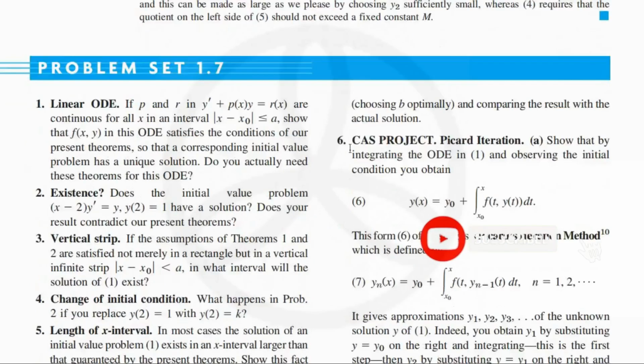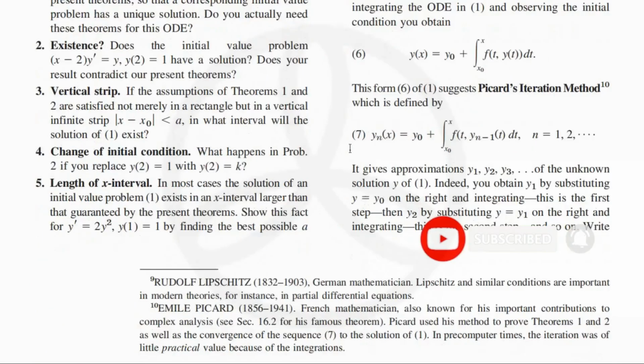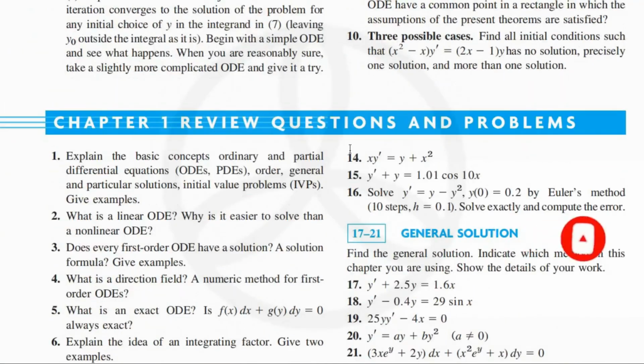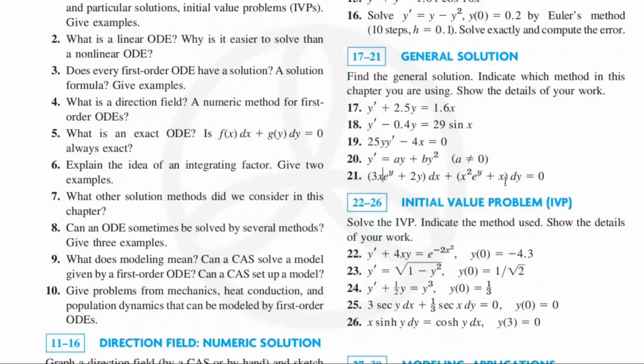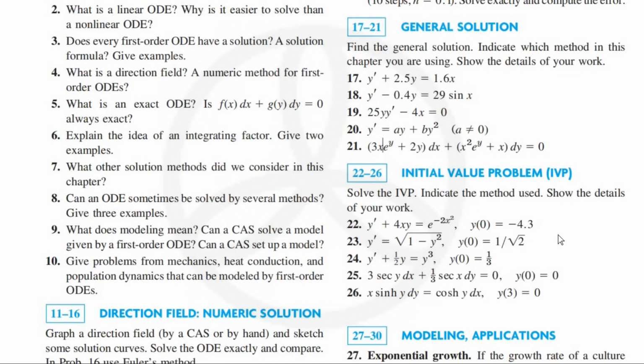A few of them are also theoretical questions, but if we look at the question set from 17 to 21, and then from 22 to 26, these are actually initial value problems. I will take all these questions, a total of 10, in this video.